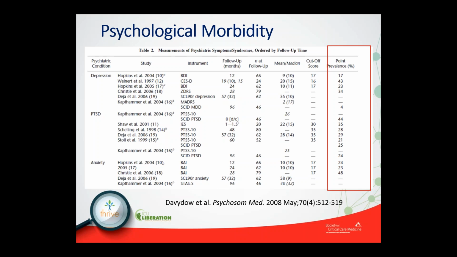Anxiety, which is not PTSD, which is not depression, is also common in ICU survivors. It certainly has been studied less commonly than depression or PTSD, but in the studies that have looked at it, somewhere between 1/4 of ICU survivors, again, people with PICS, suffer from debilitating anxiety. I think anxiety is a problem that we really ignore in our patients at our own peril.